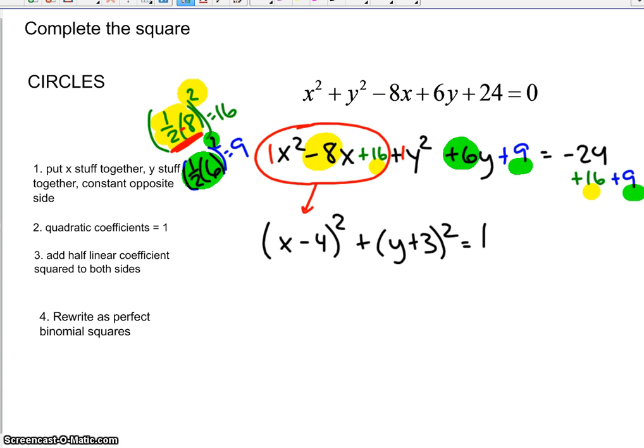Your y stuff, half of the 6 is my 3, and then combine all the stuff on the right side. One thing that can also help you out is if you happen to get a negative on the right side, then you know you've done something incorrectly, because we can't have a radius squared be a negative value. Hopefully that's going to help you with circles.